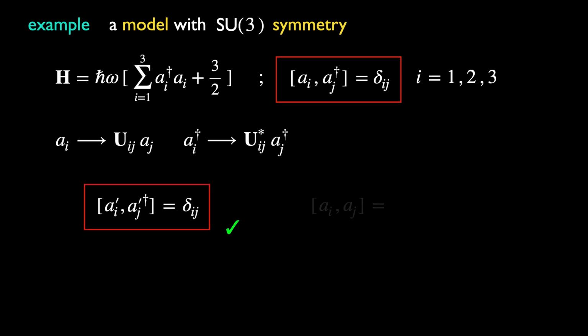As for the rest of the commutators that are 0, this symmetry is even more obvious, since the linear transformation of 0 will remain 0.